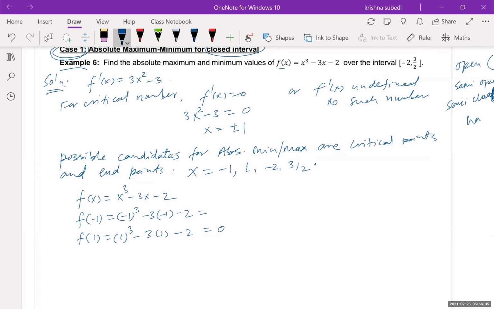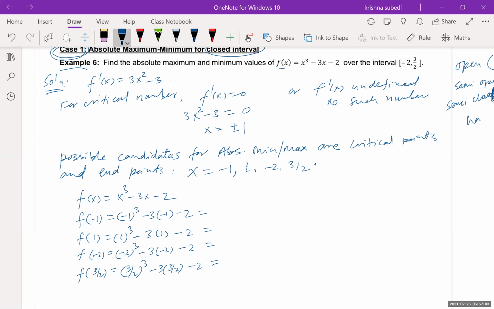And f of -2 equals (-2)³ minus 3 times -2 minus 2. You can calculate that. So f of 3/2 equals (3/2)³ minus 3 times 3/2 minus 2.